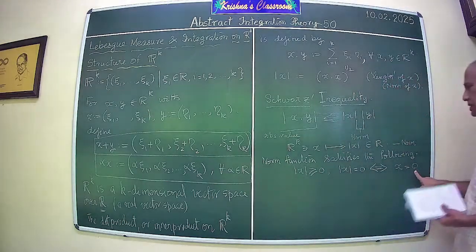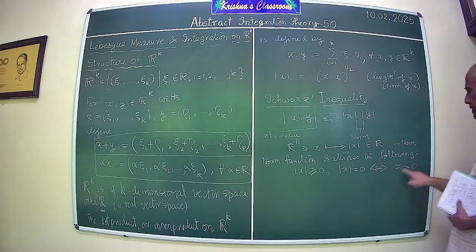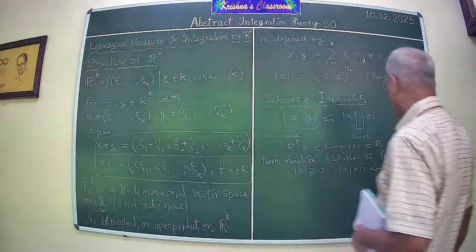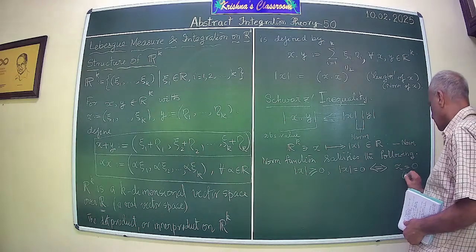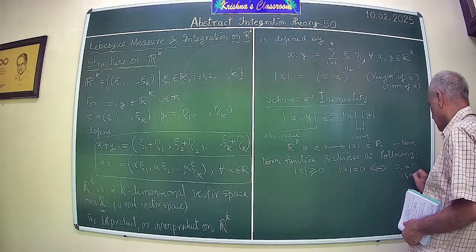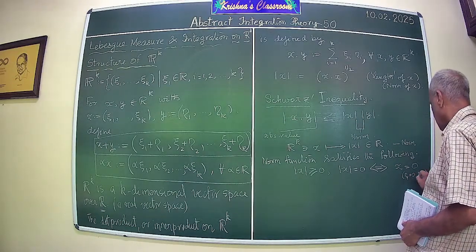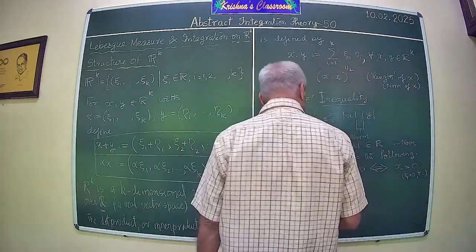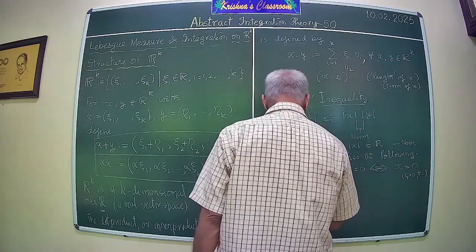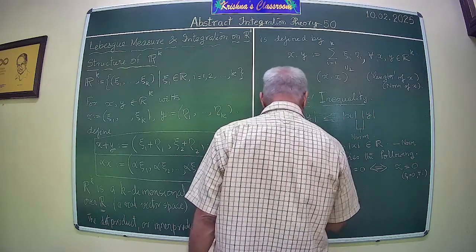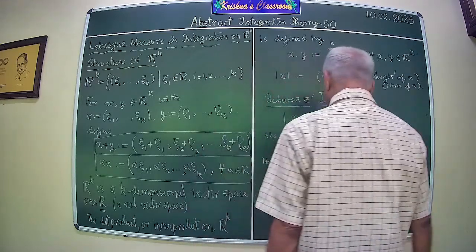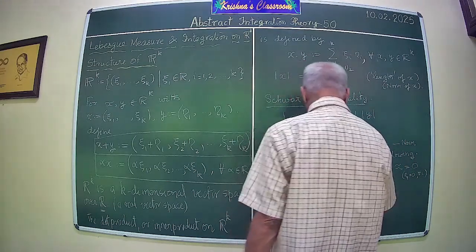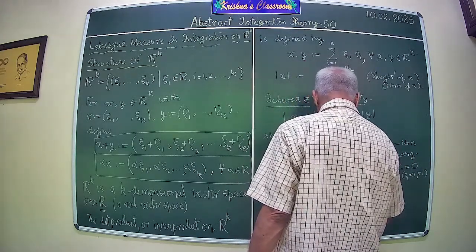This is the zero vector, and x equal to 0 means all the components are 0. And then you have norm of alpha x equal to mod alpha times norm x.